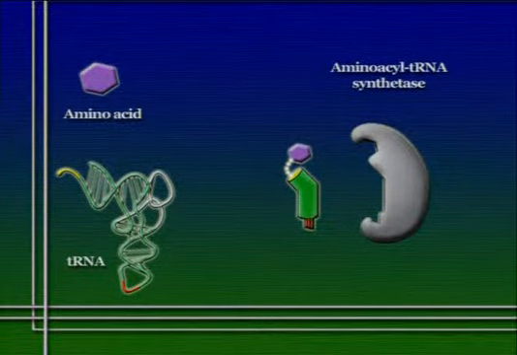So we've solved the problem with the translator molecule being a tRNA and the correct connection with the amino acid being facilitated by this unique enzyme tRNA synthetase. We've solved the problem of connecting the language of amino acids to the language of nucleic acids.